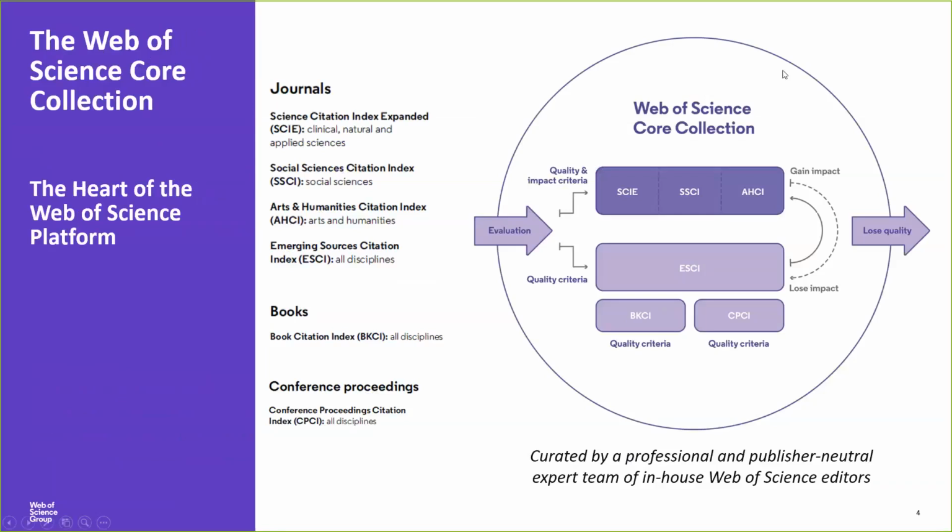So just a quick overview of the Web of Science Core Collection so that you are aware of the differences. If you refer to the Web of Science platform, if you go to webofscience.com and you look at the journals within Web of Science, this covers the Web of Science Core Collection that would include the Emerging Sources Citation Index, the Science Citation Index, Social Science, and Arts and Humanities Citation Index.